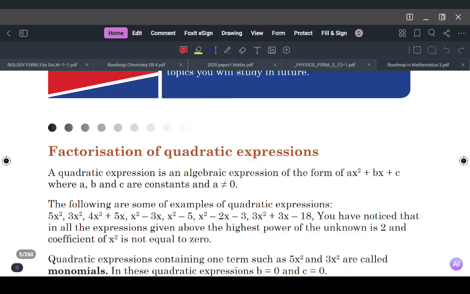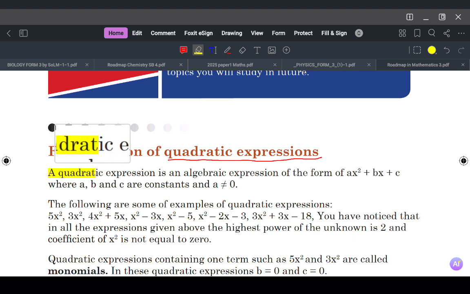So the syllabus, your Form 3 syllabus requires you to be able to factorize quadratic expressions. It would help us to define a quadratic expression.